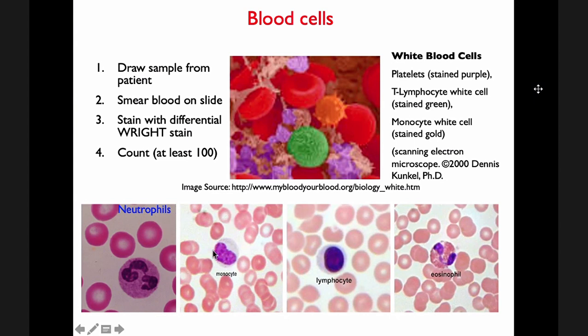Right, monocytes are where you have this kidney-shaped nucleus. Right, lymphocytes are basically where almost the whole area of the cell is covered with this roundish nucleus.